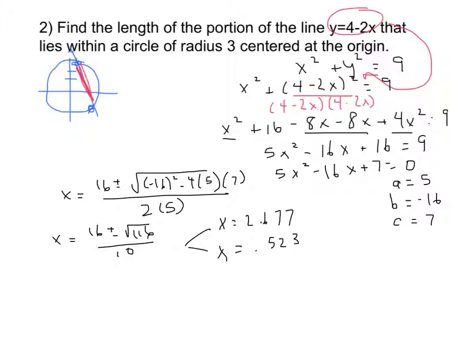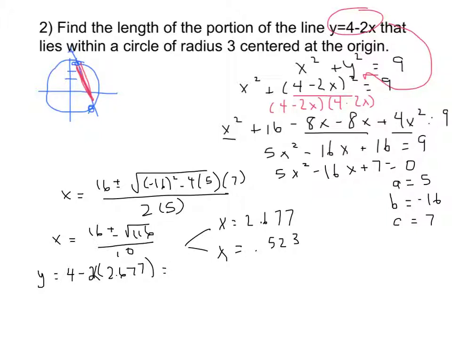So what are the y-coordinates that I need? Well, I'm just going to plug my values for x into either of the original equations. Using the line equation is probably easiest. So I'm going to have y equals 4 minus 2 times x, but instead of x, I'm going to have 2.677.